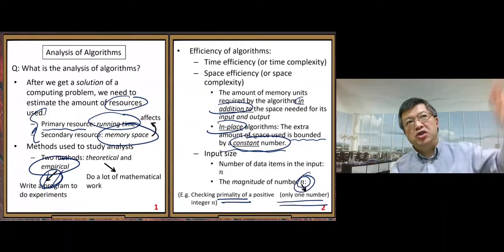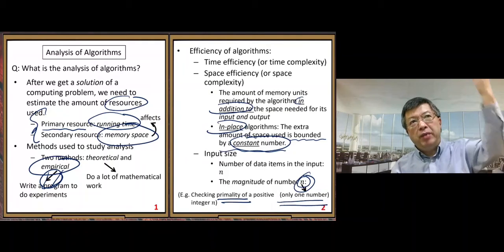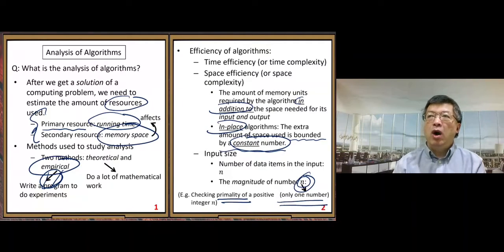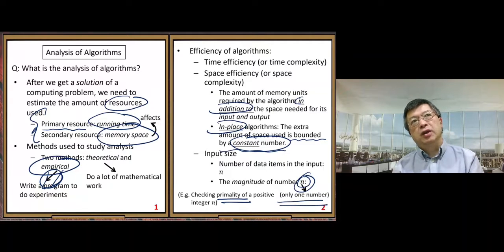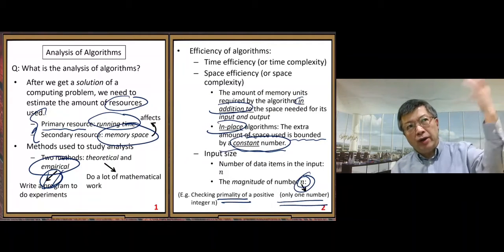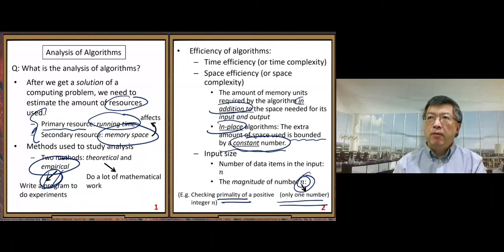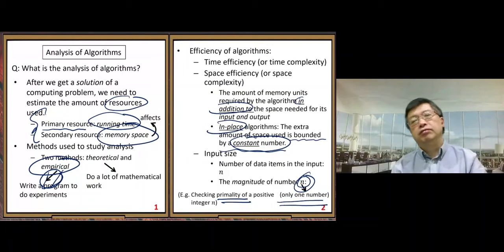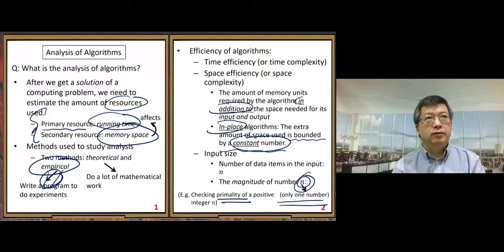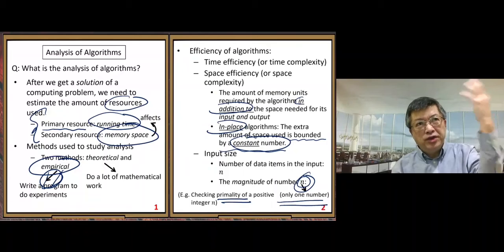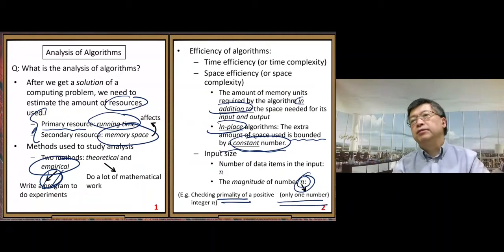Some agency gave a big prize. I remember a $100,000 prize for anyone who can break the record of the largest prime. Although it's not much money, it means this thing is hard.